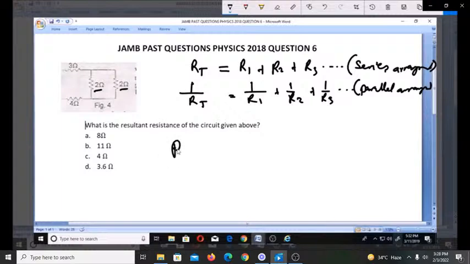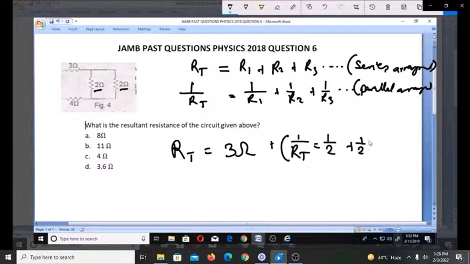So we can now have our R total to be equal to, this one is in series with the both of these and this. So you can just say that you have here 3 ohm, but these two are in parallel, so you can add the two of them together by saying that they are 1 over RT, they are in parallel, and they can be added by saying 1 over 2 plus 1 over 2.